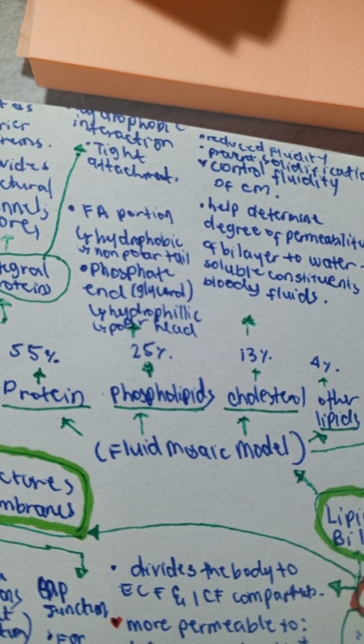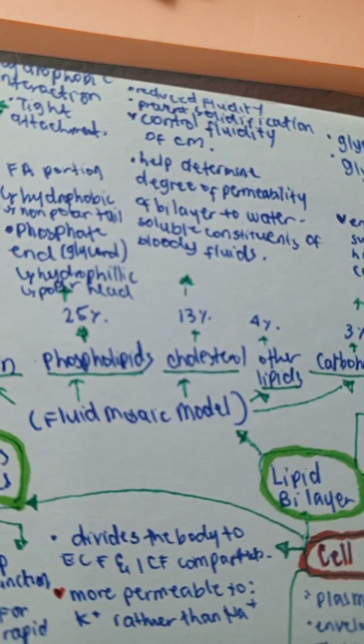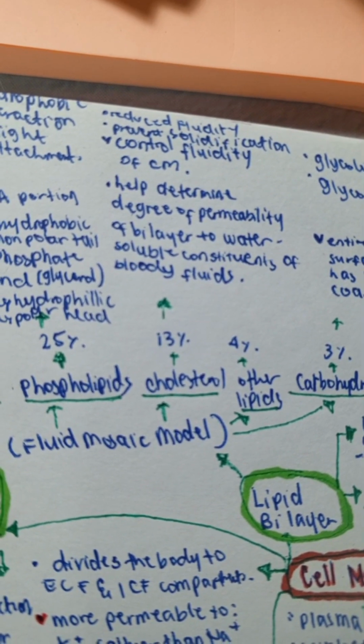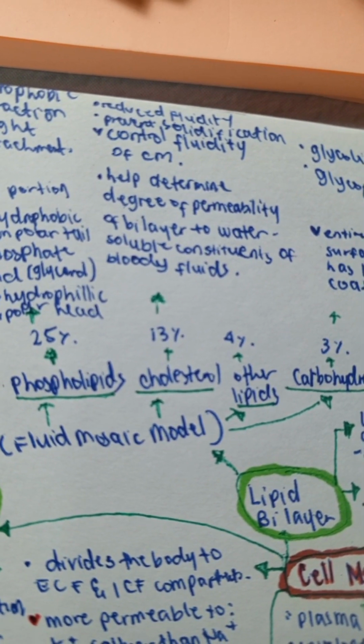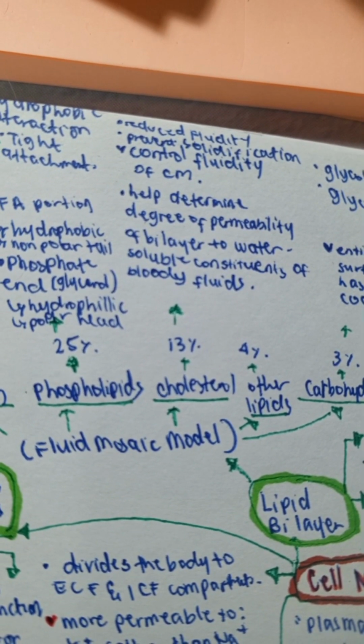And aside from the phospholipids, which compose the lipid bilayer by 25%, we also have cholesterol, which is 13%.